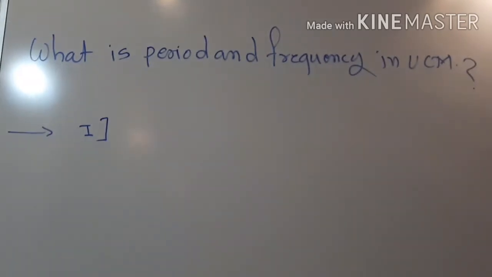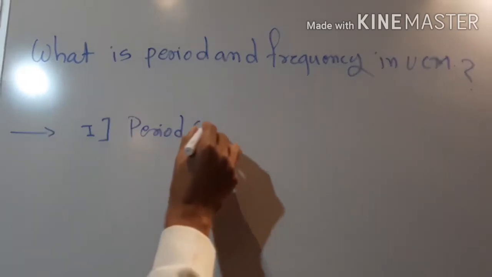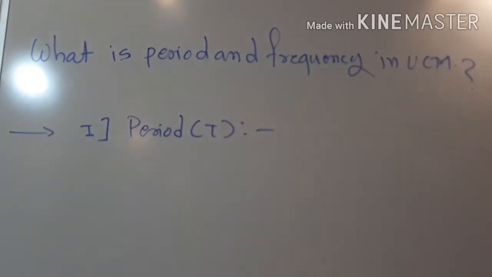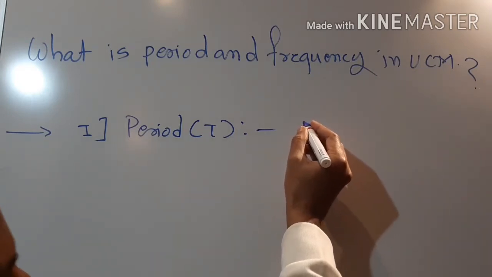First write down period, in bracket capital T. It is the time required. Write down and prepare notes simultaneously.